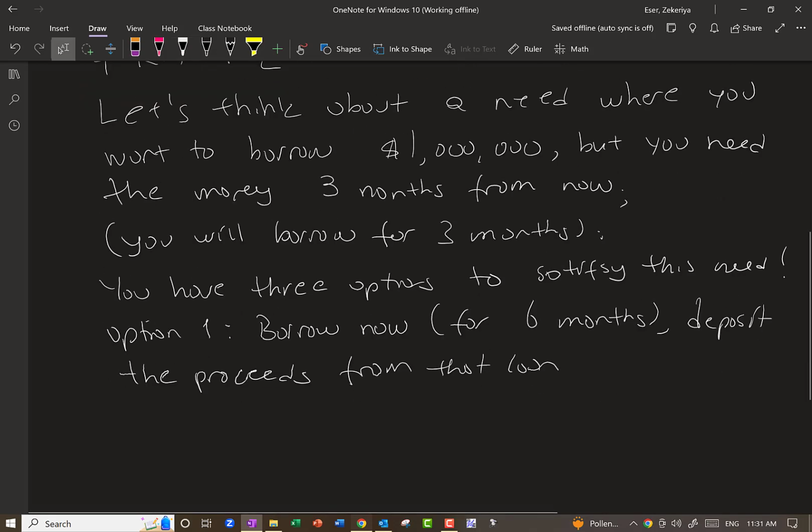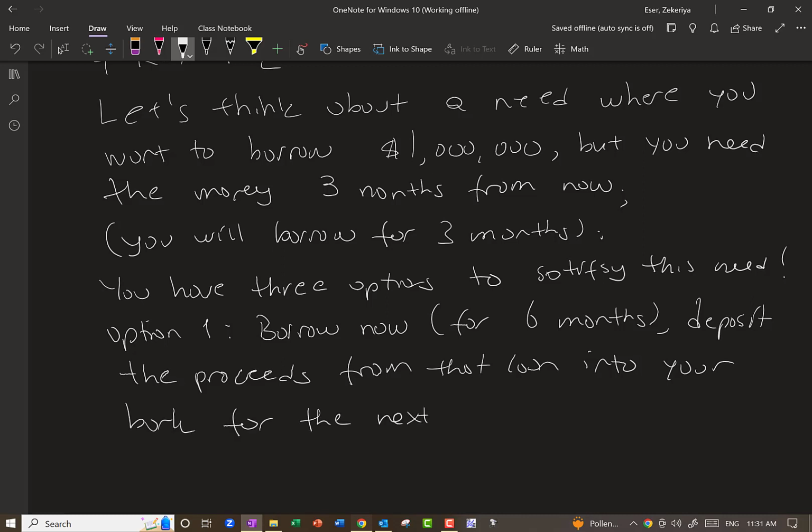Then at the end of 3 months, withdraw the money and put it in use for your need.